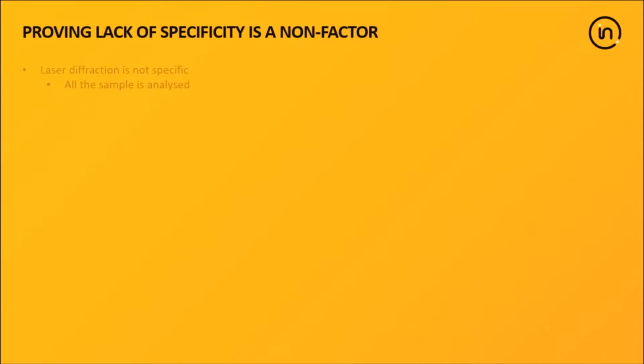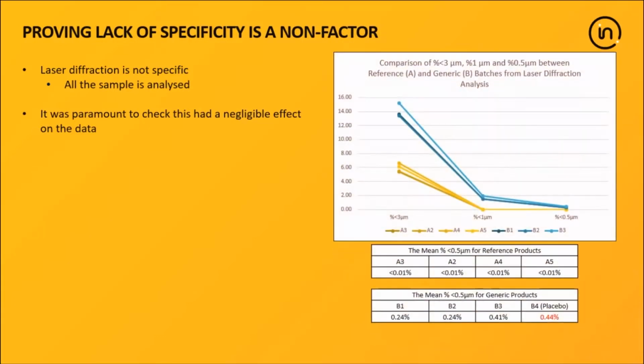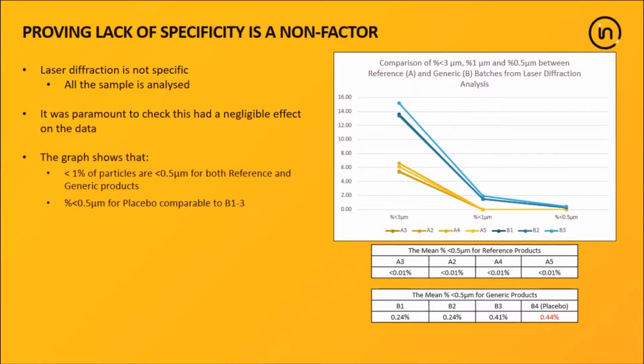As the previous slide showed, the two techniques showed difference in the PSD, and this is due to the lack of specificity in the laser diffraction. Looking further into the data, we can see that the reference batches show no presence of particles below 0.5 microns, and the test batches do show some particles less than 0.5 microns. However, for both reference and generic products, the percentage of particles less than 0.5 microns is below 0.1% of the total particles.